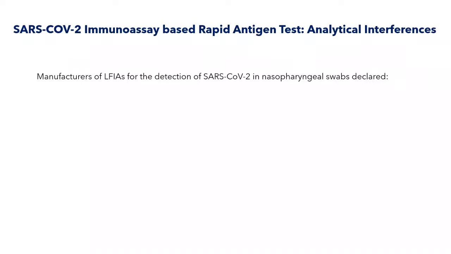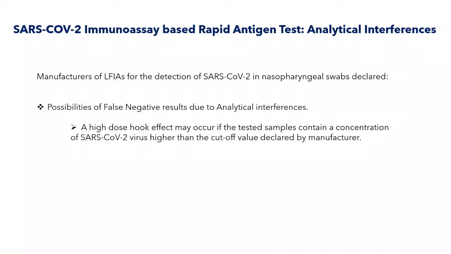The manufacturer declares a cutoff value, leading to possible interferences. Interference can be defined as the effect of substances present in an analytical system that cause deviation of the measured value from the true value. Some possibilities of false negative results due to analytical interferences are a high dose hook effect that may occur if the tested sample contains a high concentration of SARS-CoV-2 virus.